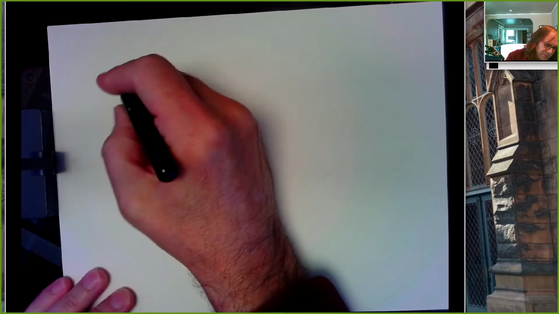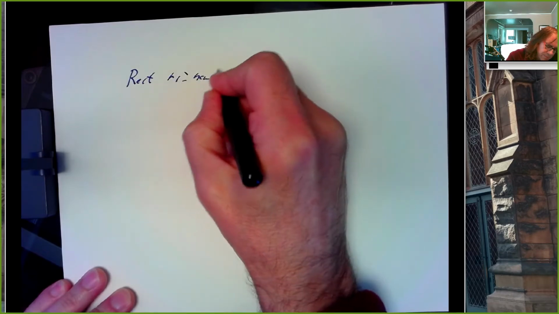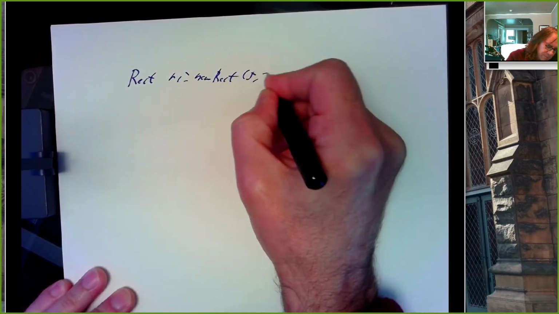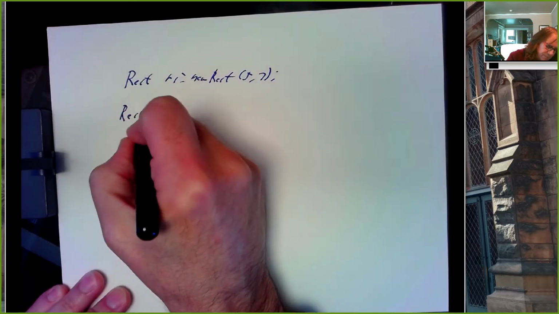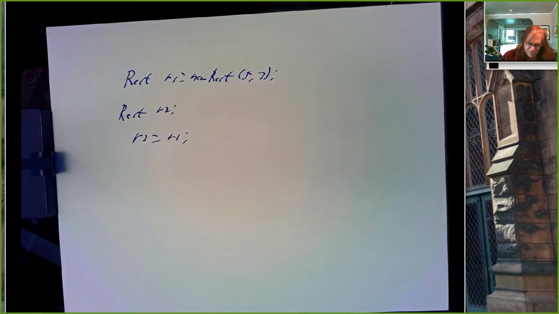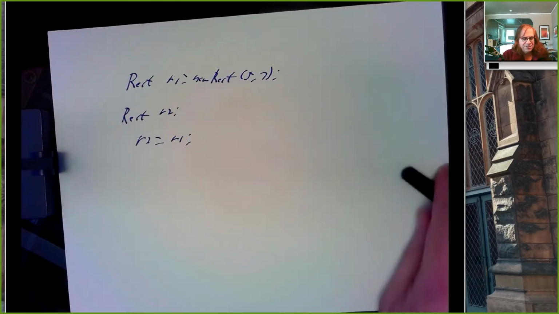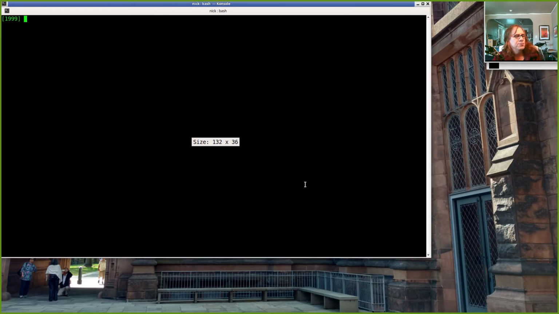But like with rectangles. All right, so there's a rectangle R1 and there's a rectangle R2. If you say R2 equals R1, I'm pretty sure, but we'd have to double check this. Let's just try this, because this will get us into a deeper discussion of cloning objects.